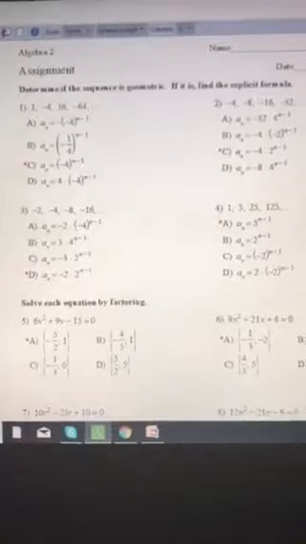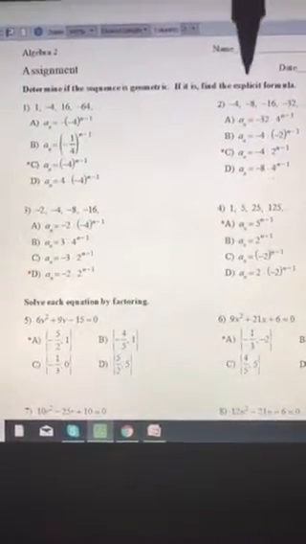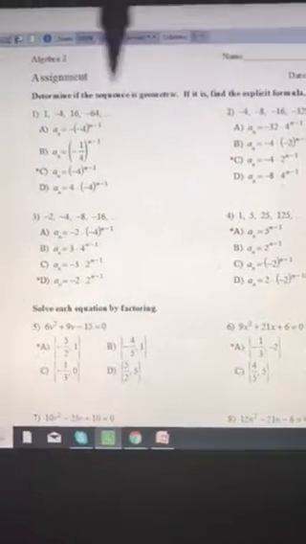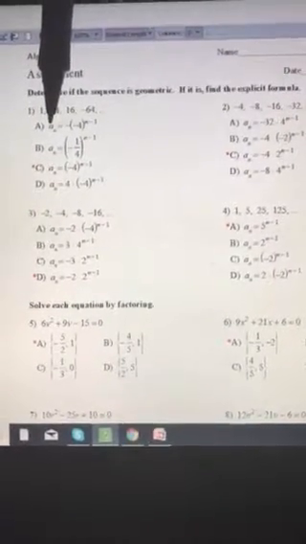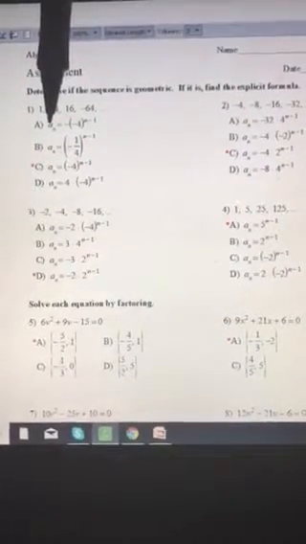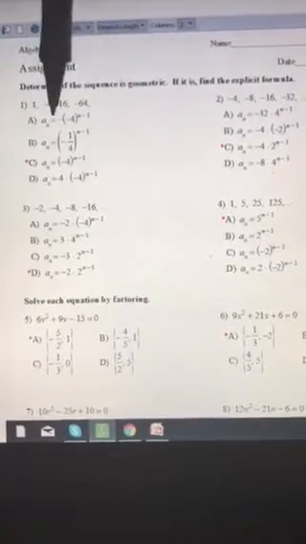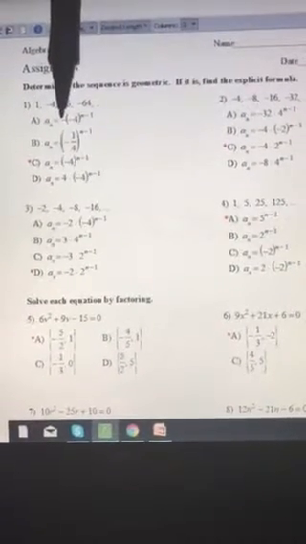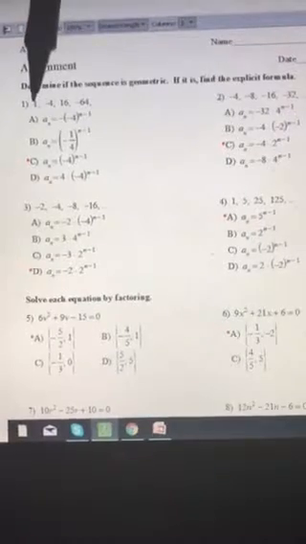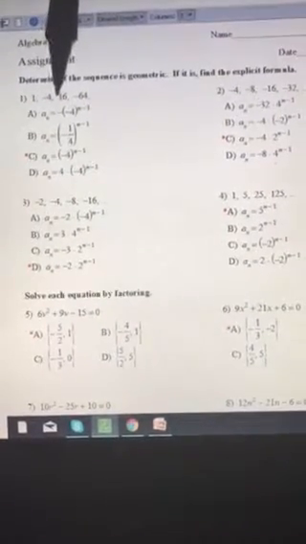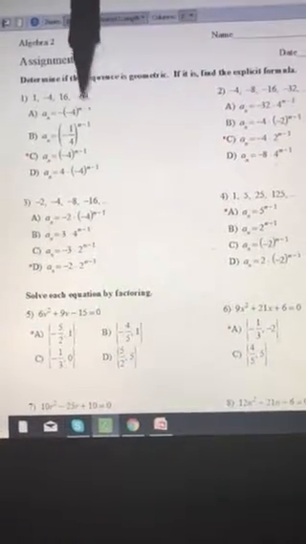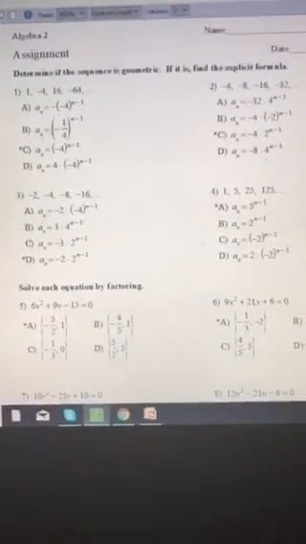All right, so whenever I write the explicit formula, sorry, it went out of focus there. When I'm trying to write the explicit formula for each, I always have to write it right here: a sub n equals a sub 1. That means the very first term times r, what I've multiplied each term by, to the power of n minus 1.